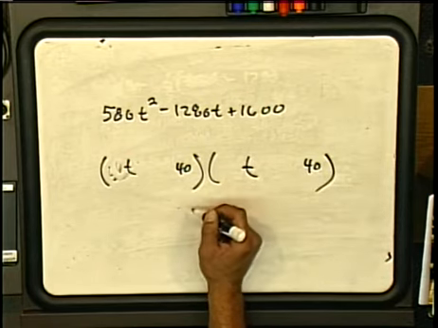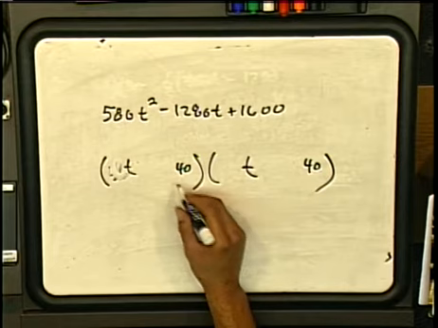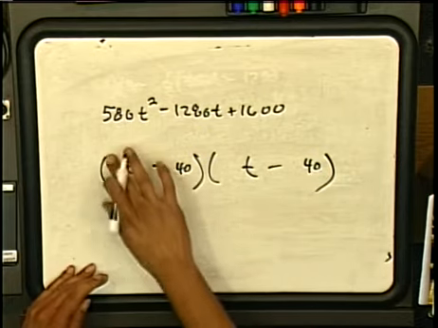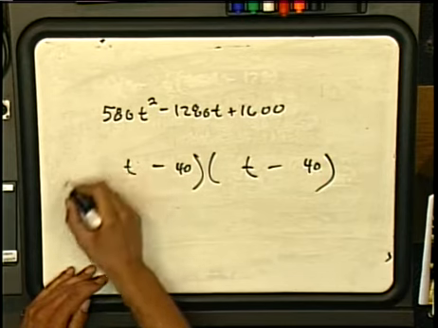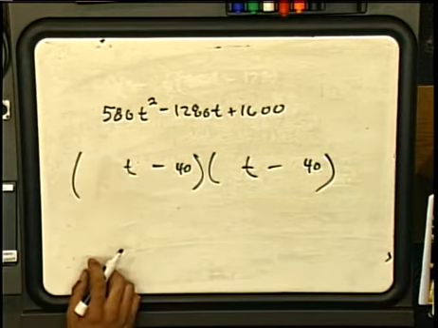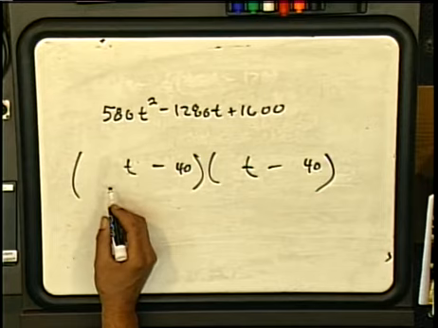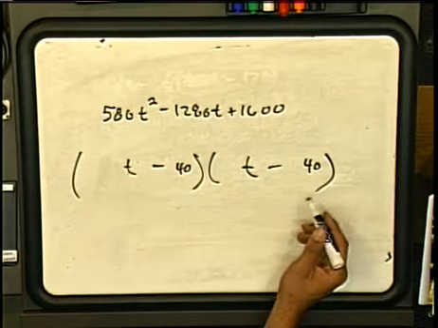They're gonna be both minus. 580 divided by 2 would be 290. What would that equal? Then you've got to times it by 40.